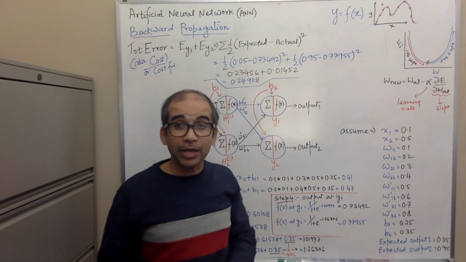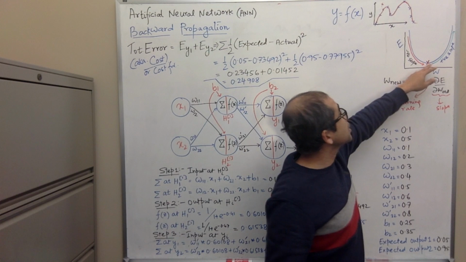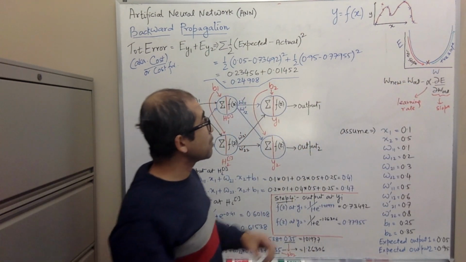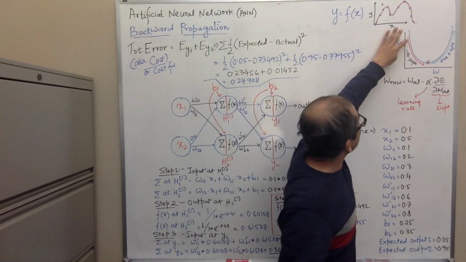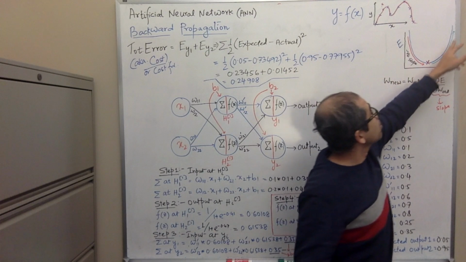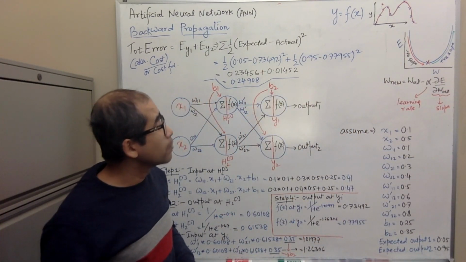We have seen in gradient descent that this reduces, and this is probably the best point where the error is reduced, the minimum. So this part of the slope is a negative slope, it's reducing, and this part of the slope is again going up, so positive slope.